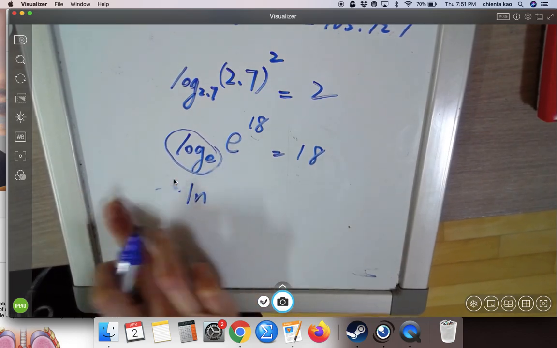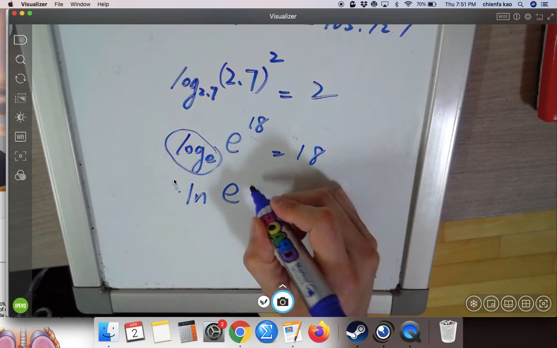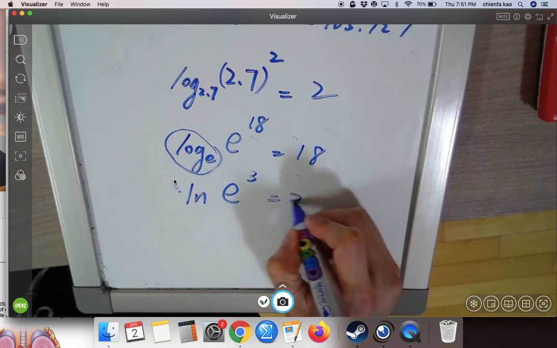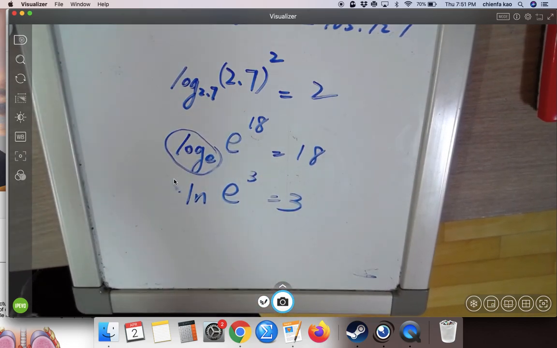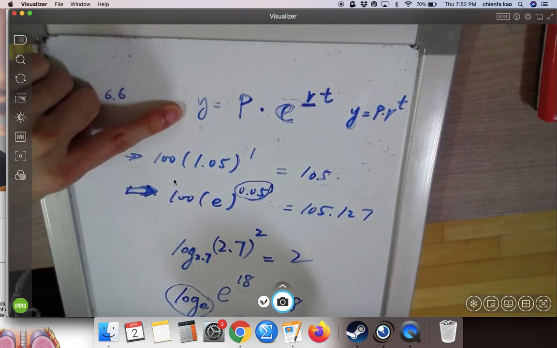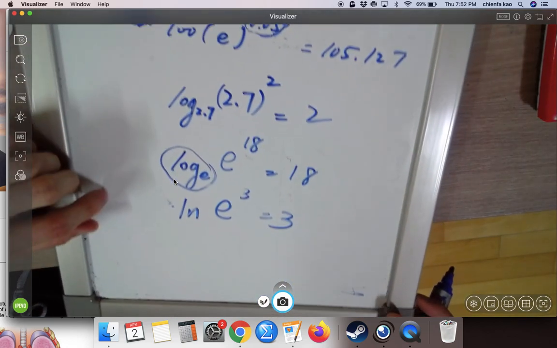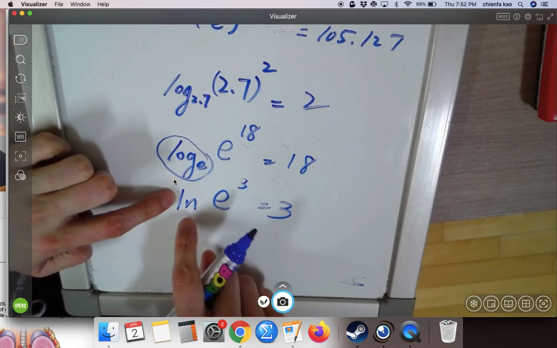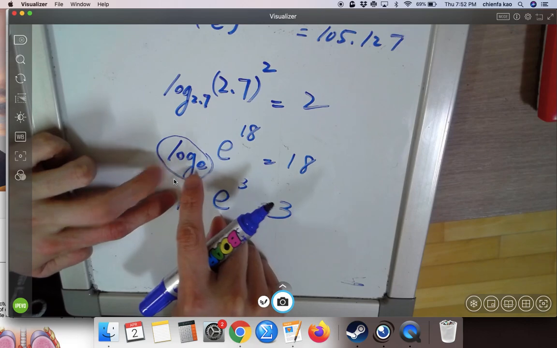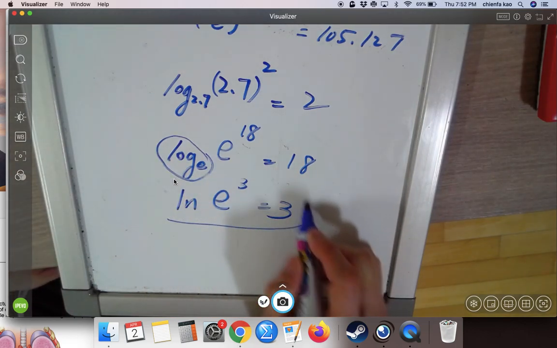So natural log of e to the third power will be 3. And everything else is the same. So those are the two things. Number 1, please write this down and learn how to use it. And number 2, just know that natural log is log base e. They're exactly the same. If you do the math, everything else is the same.